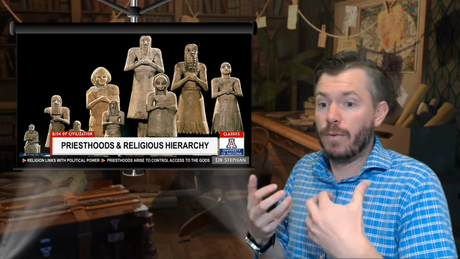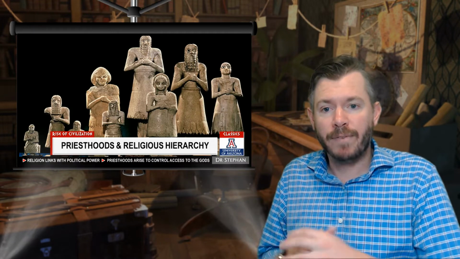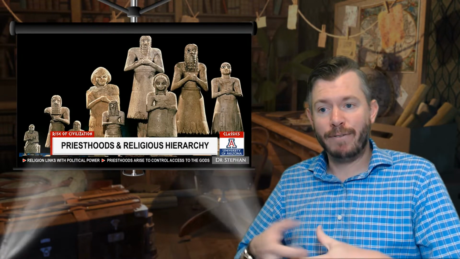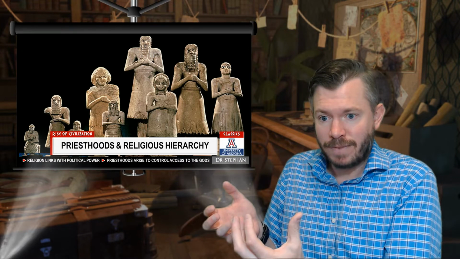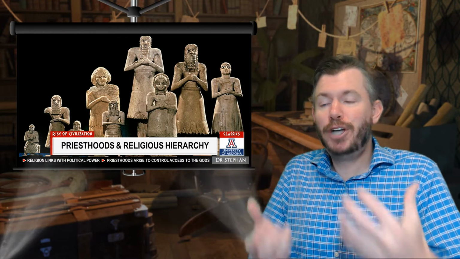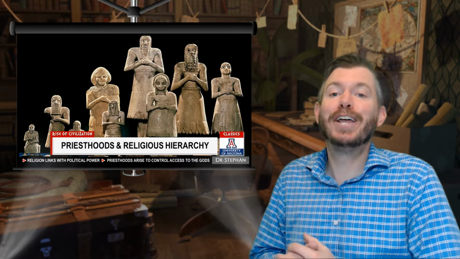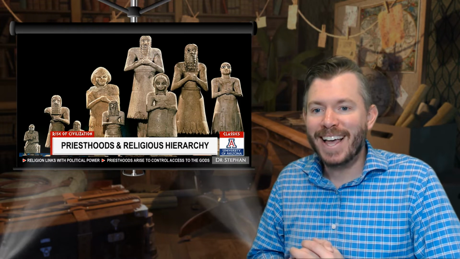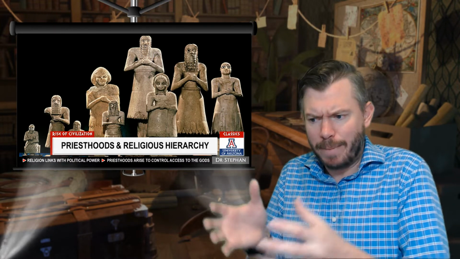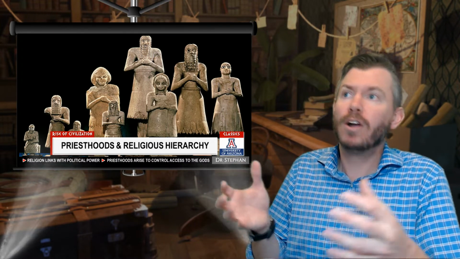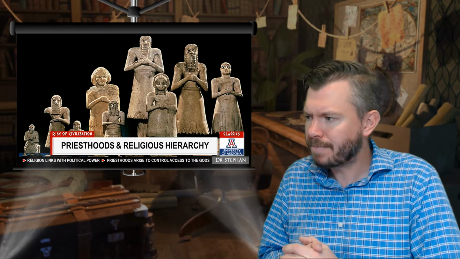Now, along with this, we get the rise of religious hierarchy as well. This comes out of these political leaders trying to justify why they should get to be in power. It makes sense that you need somebody to organize something like a large-scale irrigation project.